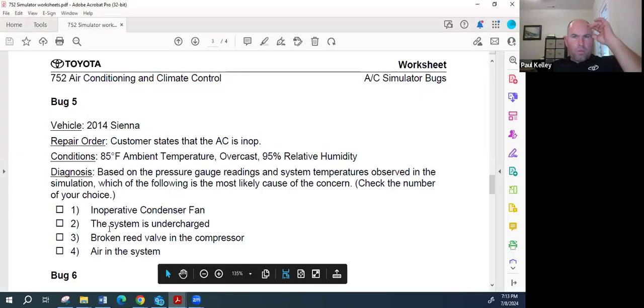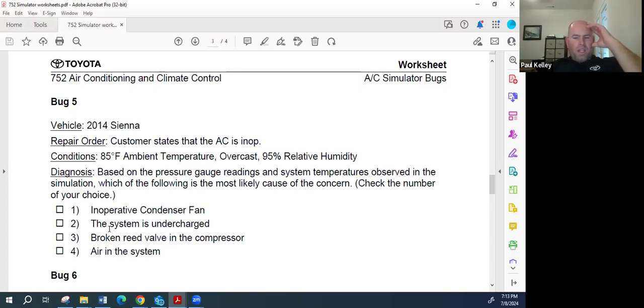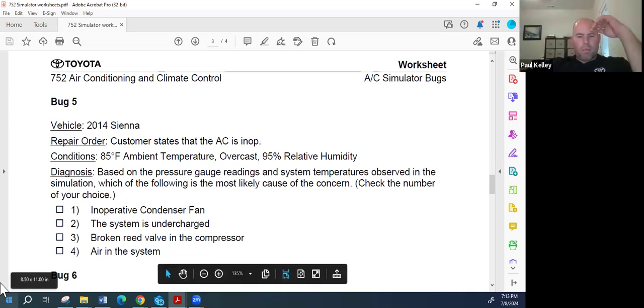What do you think about the broken reed valve in the compressor? If the reed valve was broken, the compressor would pump the refrigerant out, but unfortunately the refrigerant would leak back in because the reed valve was broken. When it tries to pump into the high side, it loses that refrigerant and the high side pressure drops. But it doesn't go nowhere. It bleeds down into the low, so the low side pumps up, right?